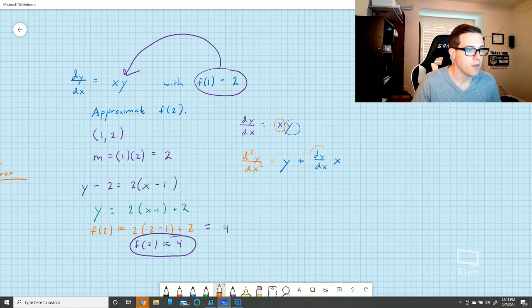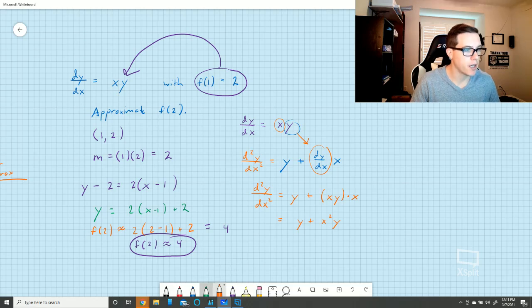And then you can't have dy dx in your answer, so this gets plugged in. So our second derivative is y plus x times xy. In other words, y plus x squared y.